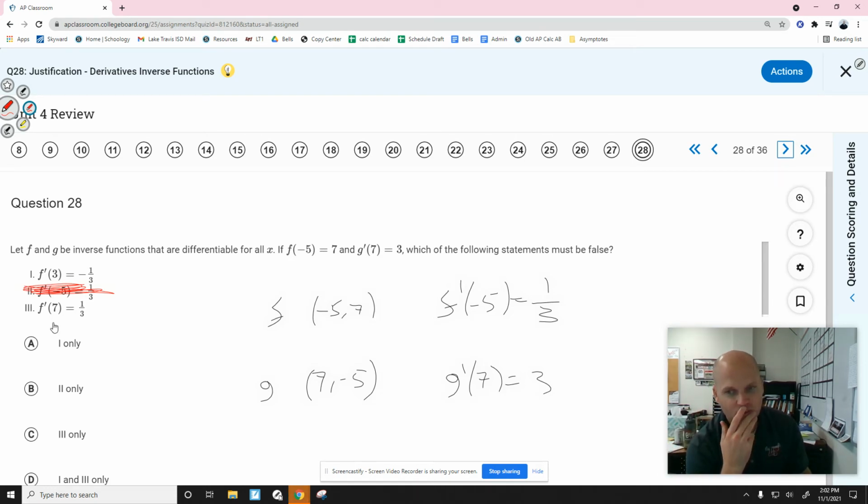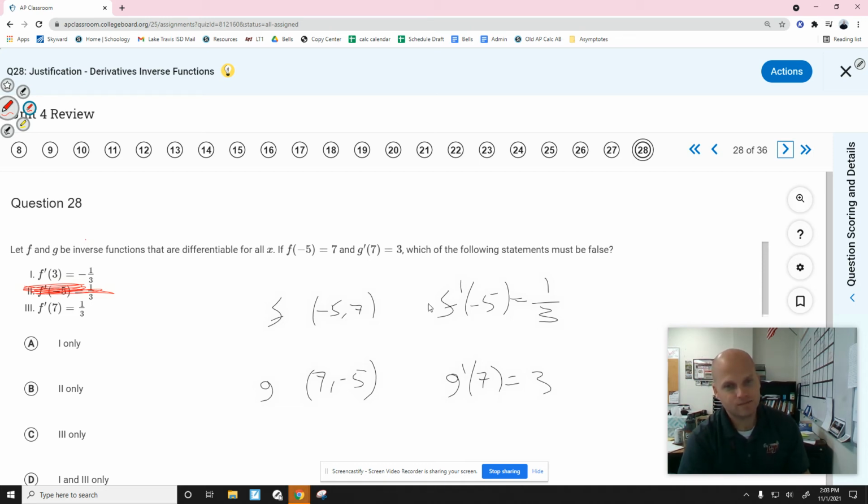Which one of these is false? I don't know. And here's the thing. This question's not important. But it comes down to the fact that functions and their inverses, so that they're both functions, have to kind of be one-to-one, which means they can't be going up and down a lot.